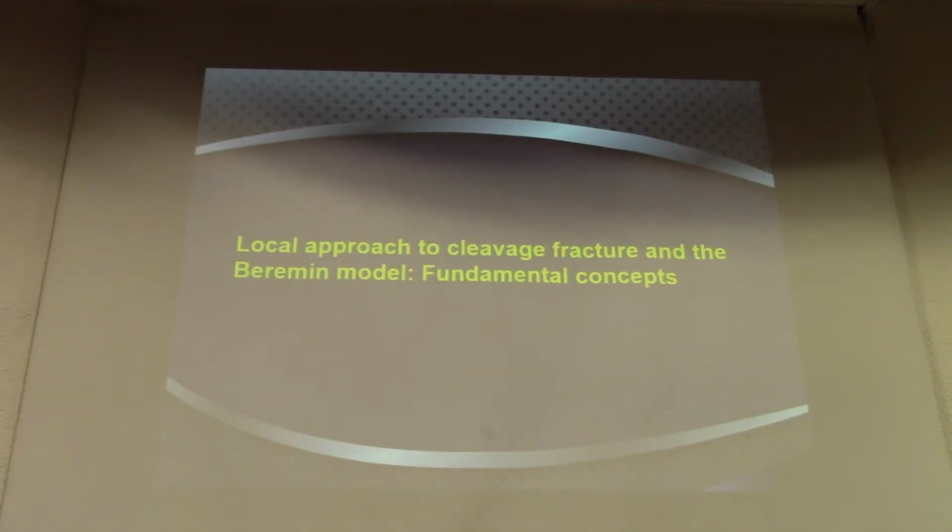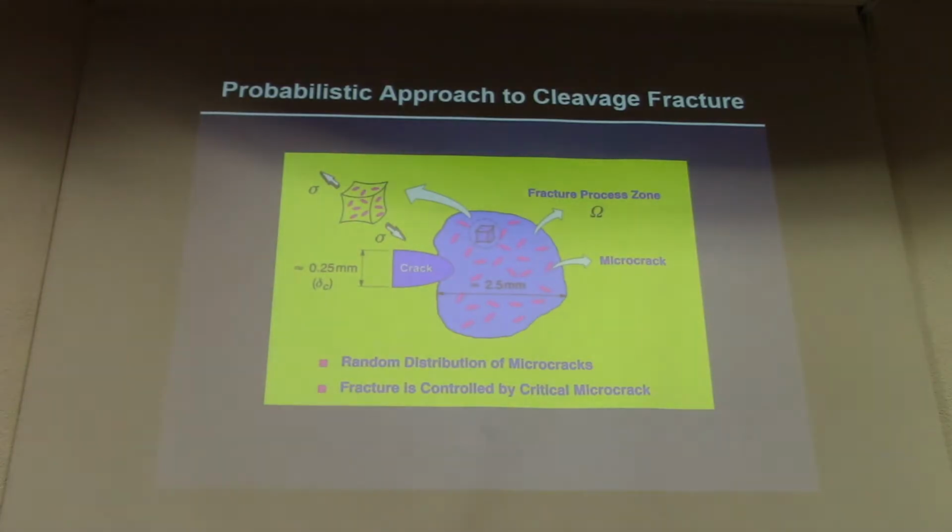The earlier work was by Beremin, a French group, in 1983. The Beremin group introduced the concept of probabilistic modeling of the fracture process zone ahead of the crack, where there is a random distribution of microcracks. Usually they are related to carbides, usually broken carbides in the course of plastic deformation, and these carbides will nucleate microcracks.